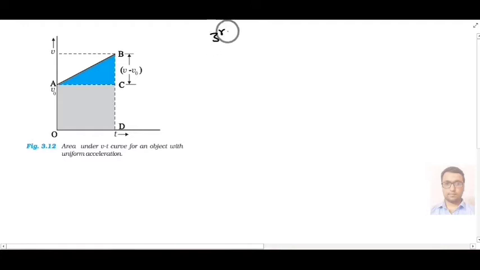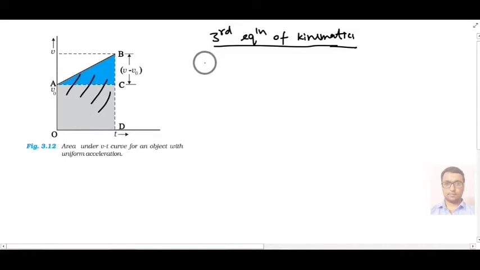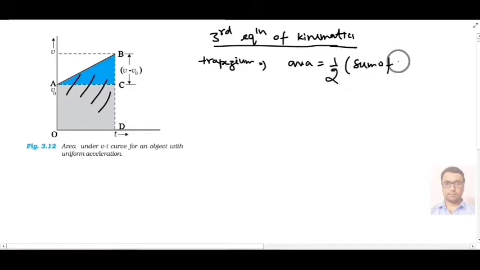Now here we will see how to prove the third equation of kinematics. We know that this area again can be calculated using the formula for a trapezium. In a trapezium, the area is given by half of the sum of parallel sides into thickness.